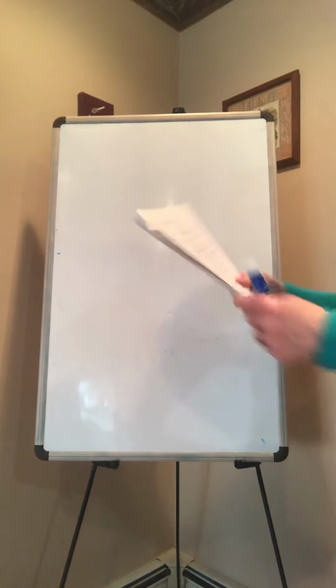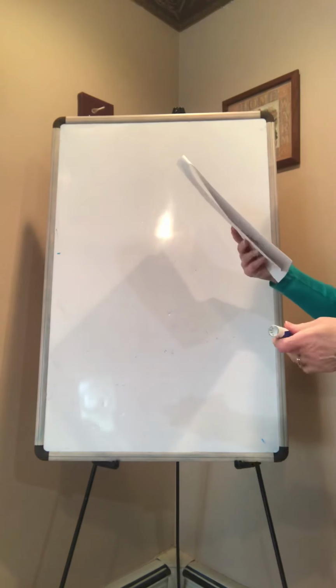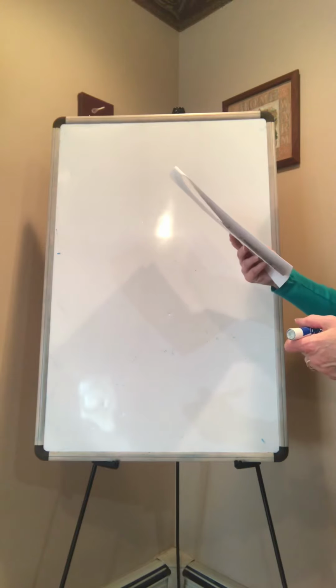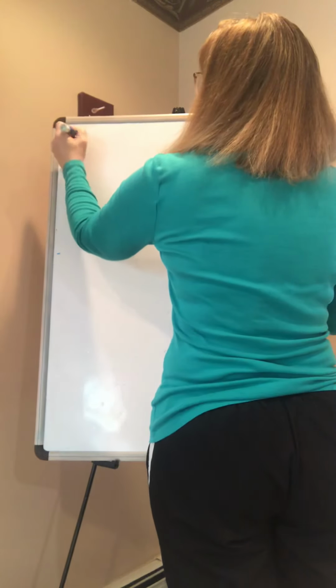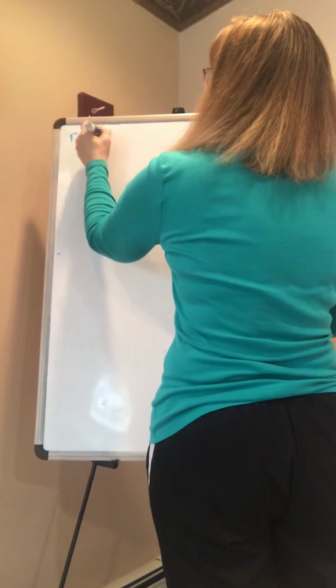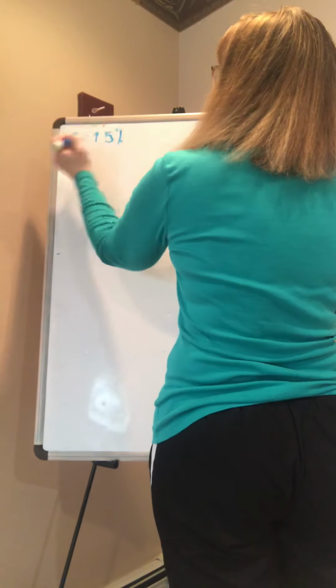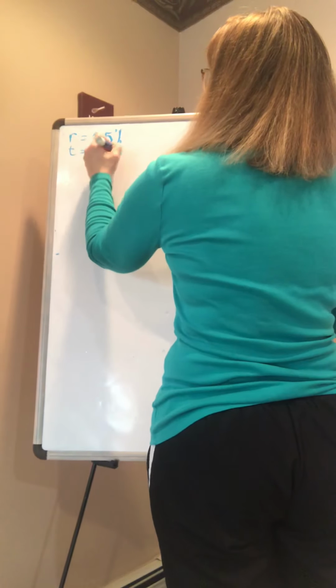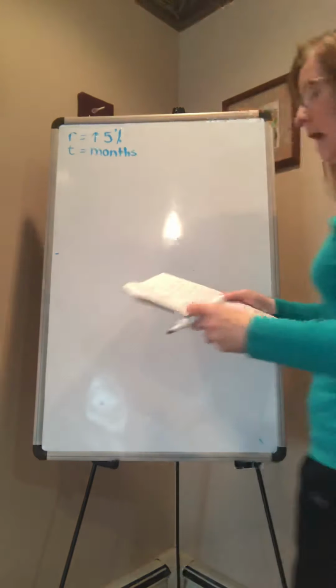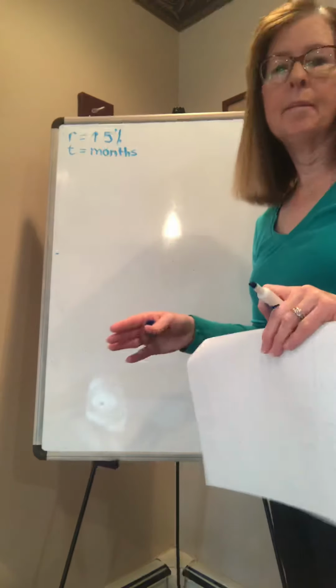All right, number 8, a colony of bunnies is growing at a rate of 5% per month. Okay, so you're growing. So your rate is growing 5%, and your time is months. And I know it's months, it's not compounding monthly.